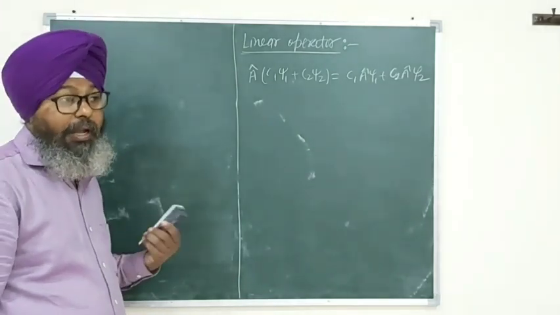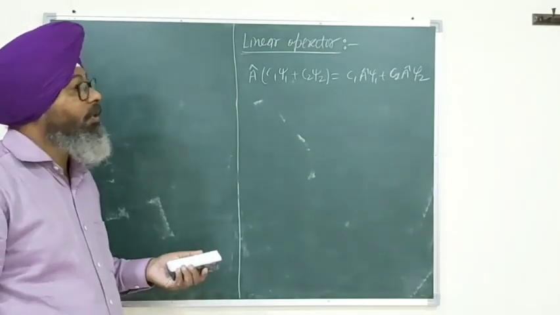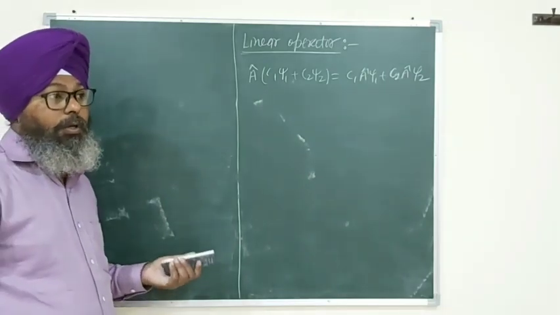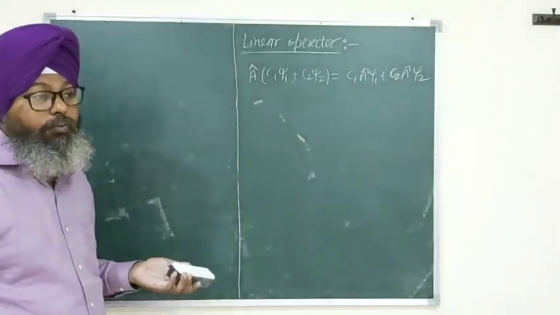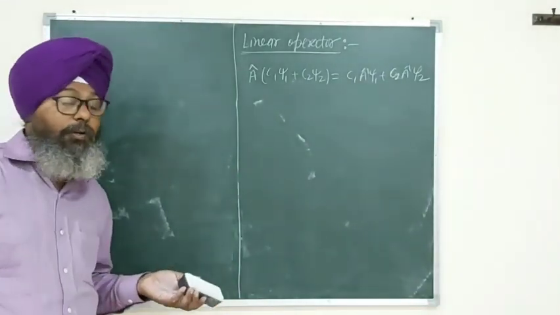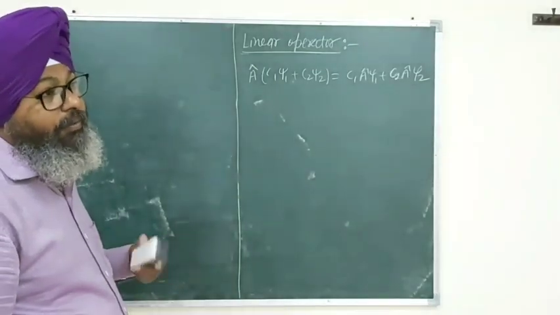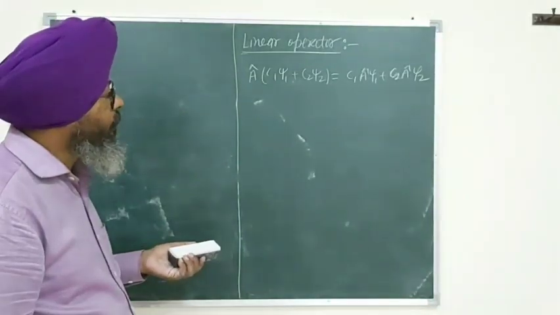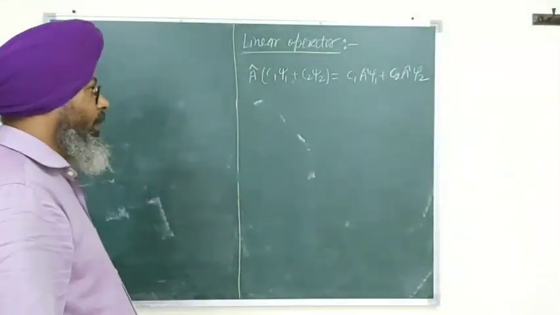That square root can act on constants as well as variables, but there are certain operators which do not take constants into account when these are multiplied with some functions. For example, differentiation is one of them. If I have some constant multiplied with the function, that constant will be taken out and the derivative will be taken only of the function. So it is this kind of example here.